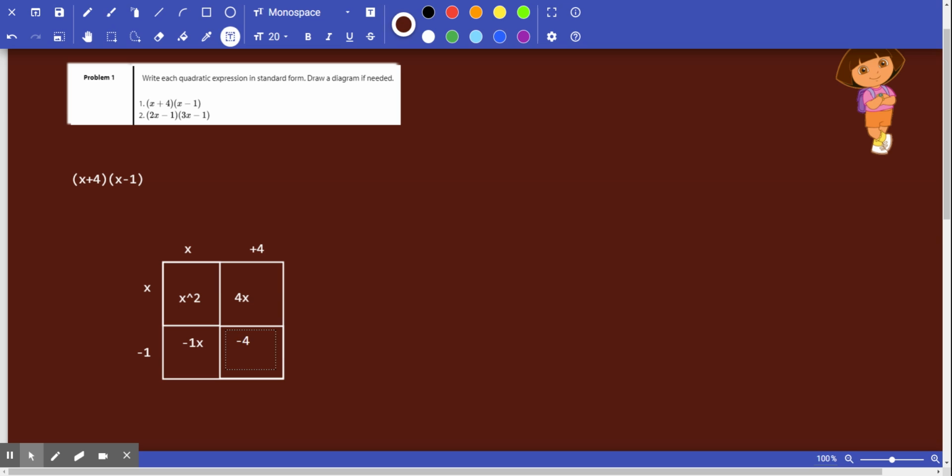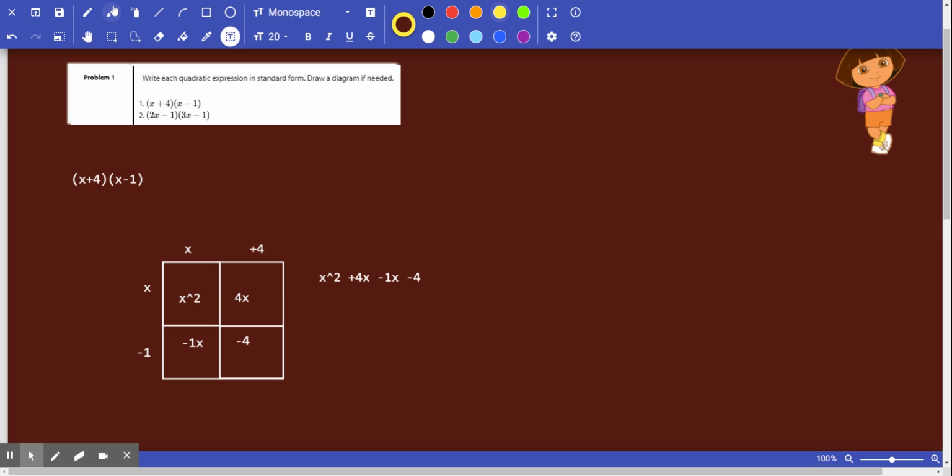So we take all of these out and we type it all up, right? We look at all the possibilities. So we have x squared plus 4x minus 1x minus 4, right? And then Dora, what's the next thing that we're going to do? We're going to combine like terms.